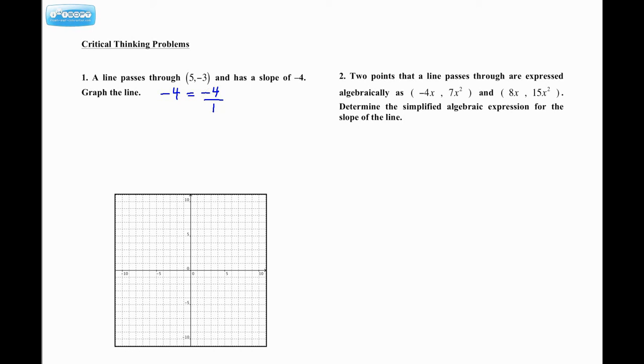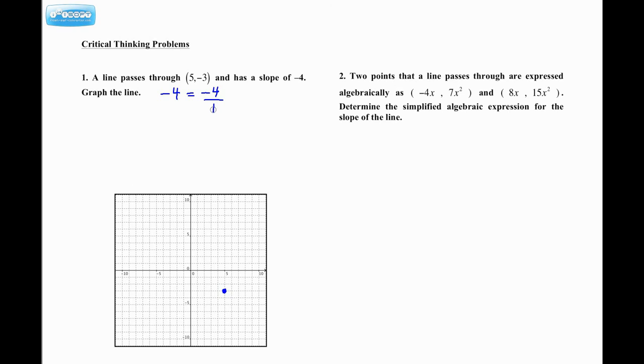All right. So let's first plot our point, because then we know our line has to go through there. So 5, negative 3. There it is. So we have to draw a line that passes through this dot, but has a slope of negative 4 over 1. Well, this is our rise, and we know that if this is negative, we move down. Okay, so from this point, we count down 4 spaces, and then this tells us we have a run of 1.